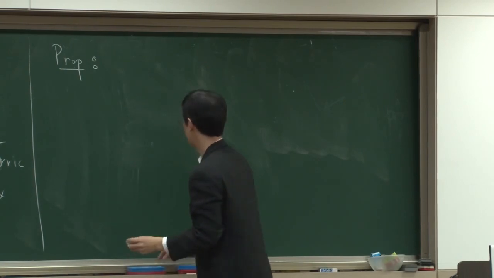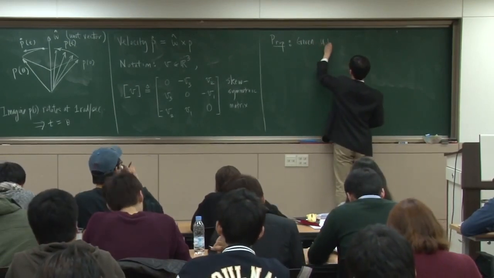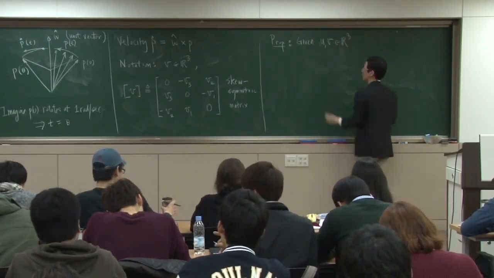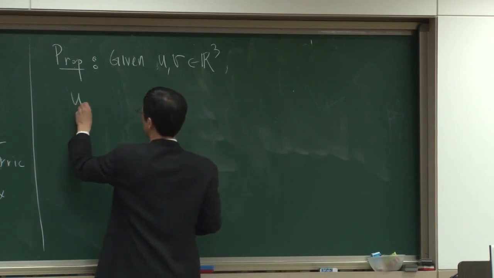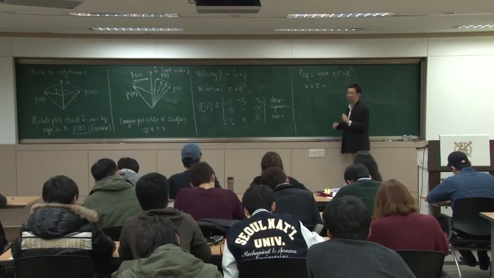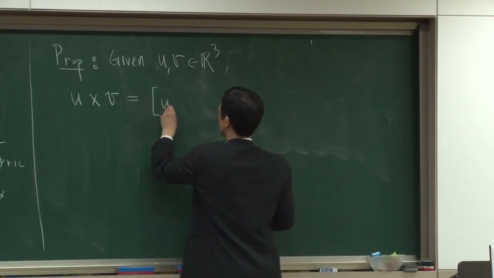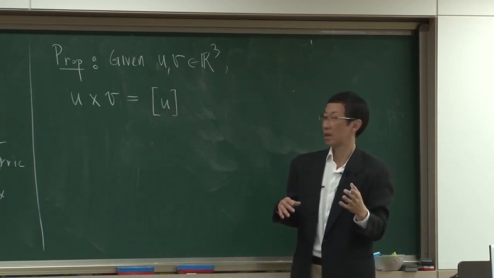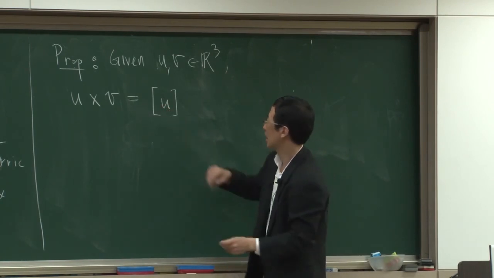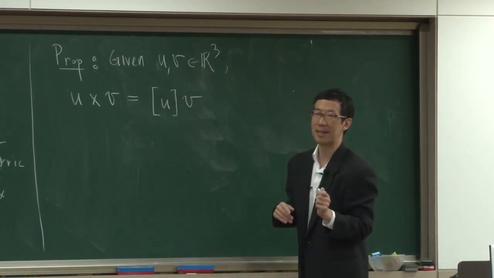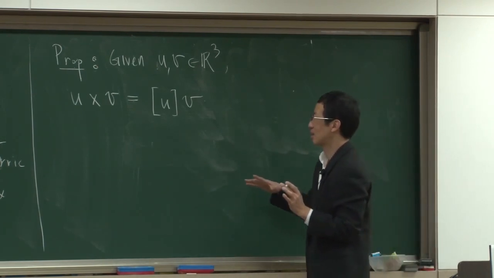So here's a proposition. If I have two vectors u and v, two three-dimensional vectors, the cross product of u and v I'm going to write as the matrix U, obtained as a skew symmetric representation of this vector U, times V. All right, so pretty easy to check.